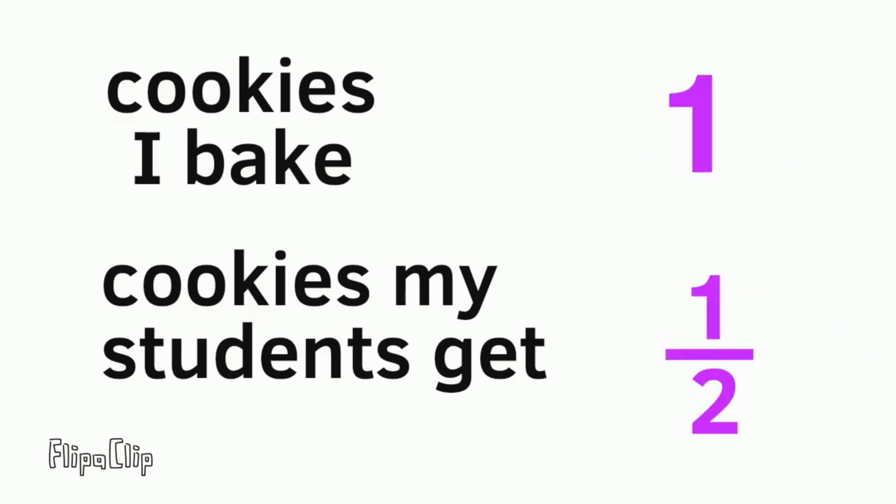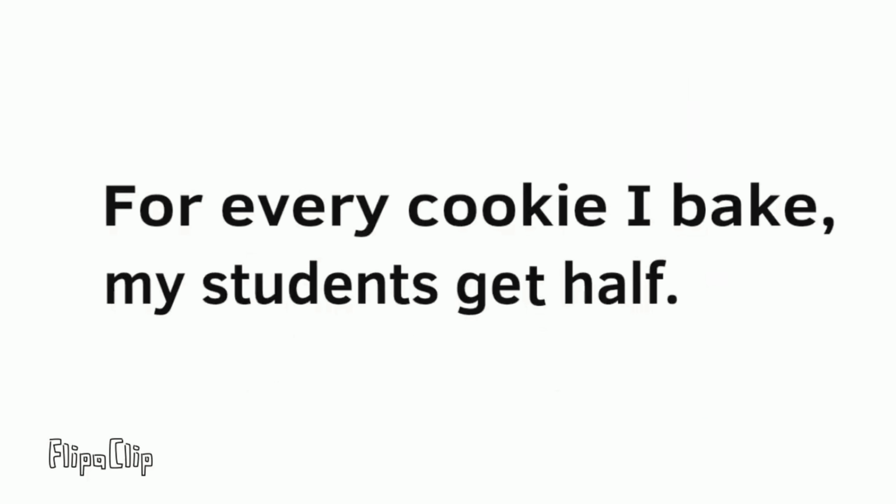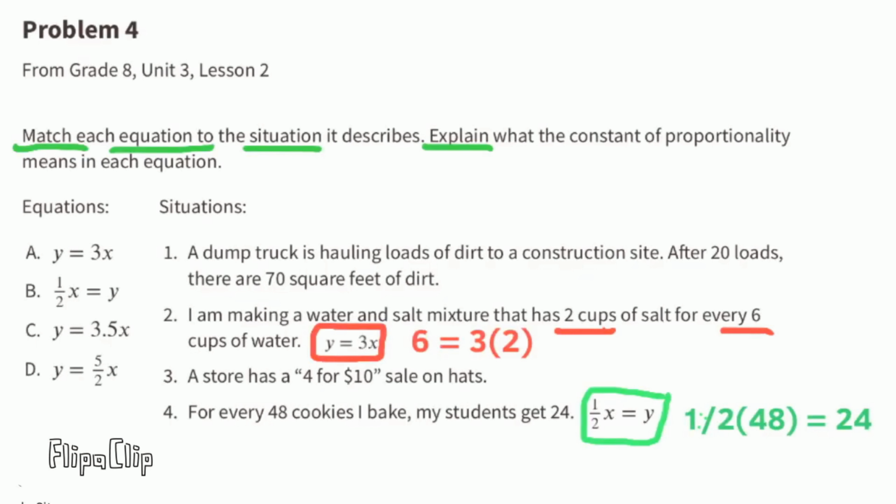When the number of cookies I bake is just 1, my students get 1/2. This means for every cookie I bake, my students get half. If I baked 48 cookies, my students would get half of 48, which is 24 cookies. Equation B matches with situation 4.